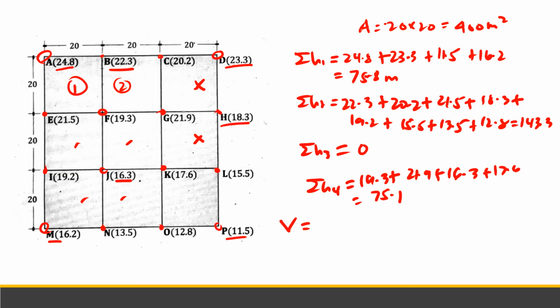Okay, so the volume using Borrow-Pitt method is equals to A over N times summation of H1 plus 2 times summation of H2 plus 3 times summation of H3 plus 4 times summation of H4.